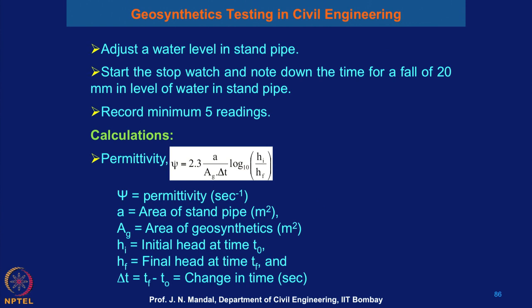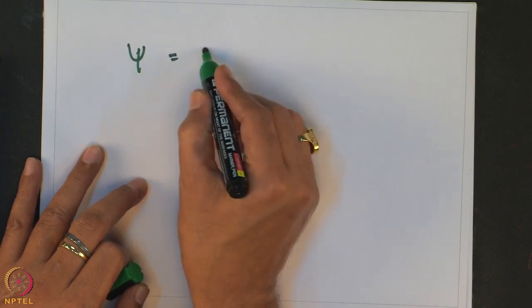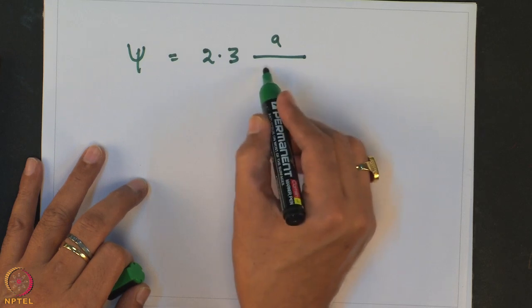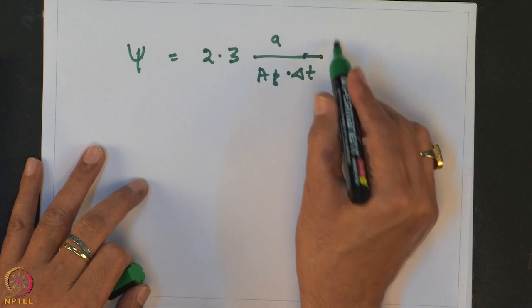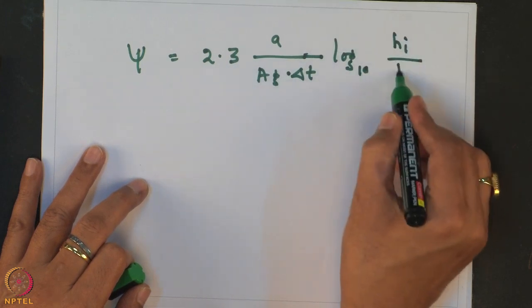Record a minimum of 5 readings. You can use this equation for psi, which is the permittivity: psi is equal to 2.3 into a divided by Ag into delta t, into log base 10 of Hi by Hf.